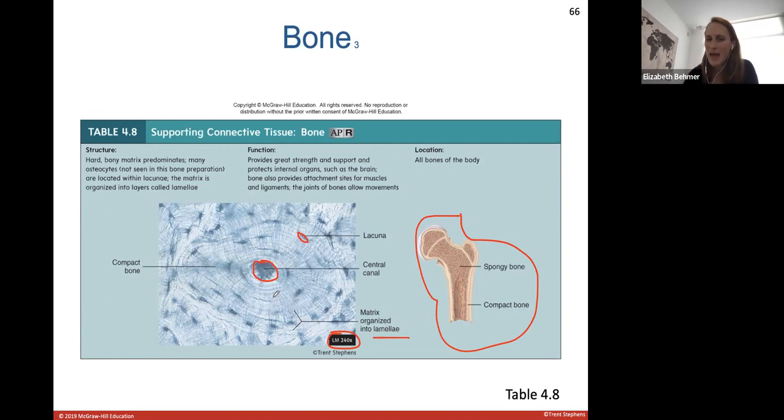And I think in lab, I talked about it being much like if you cut the trunk of a tree and count the number of rings on the trunk to determine its age. That's kind of what this osteon section of compact bone looks like. These rings of bone matrix are called lamella.